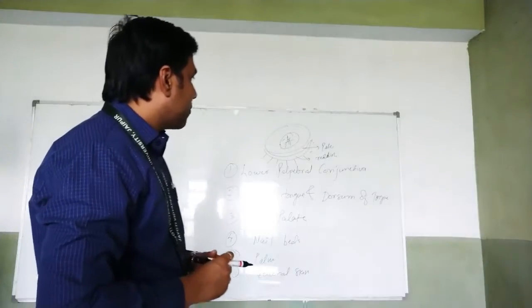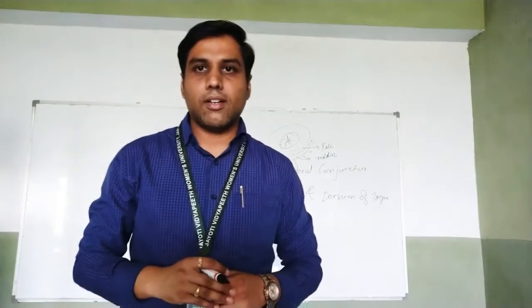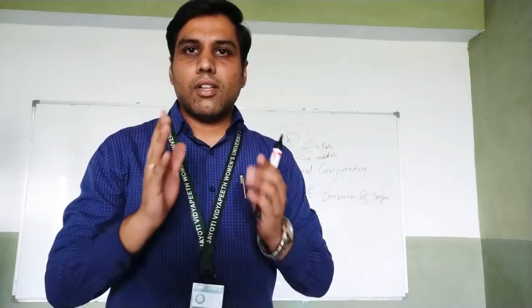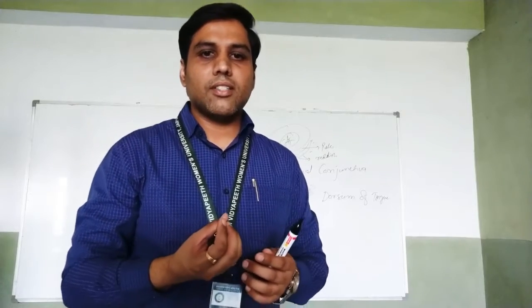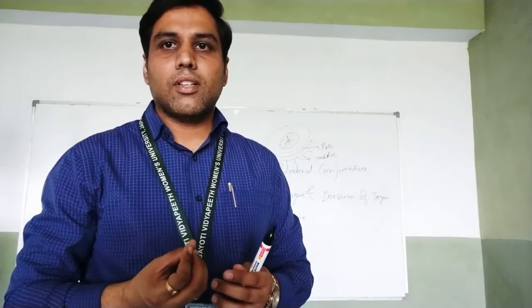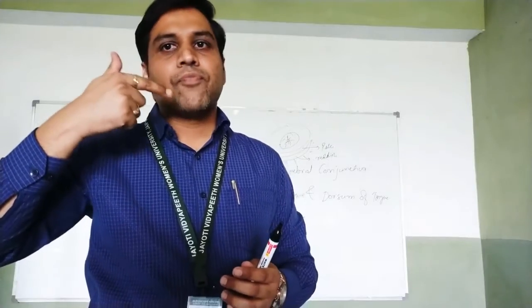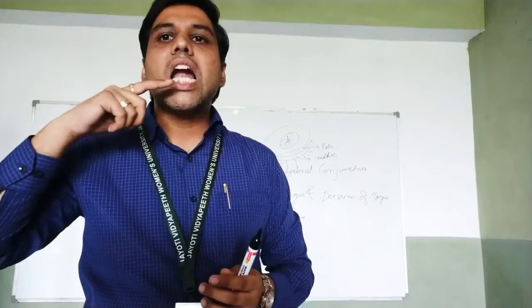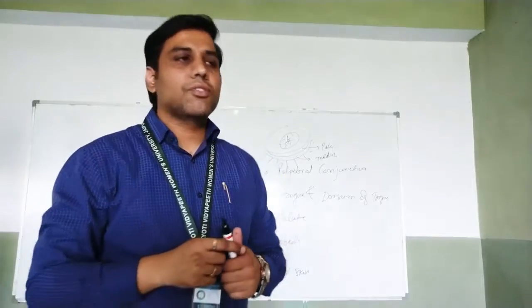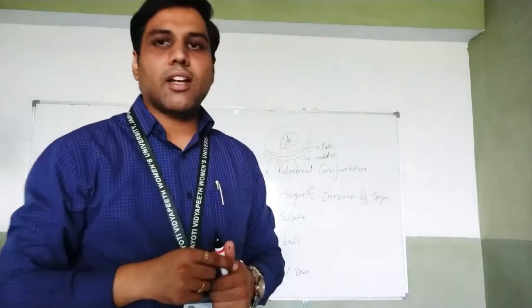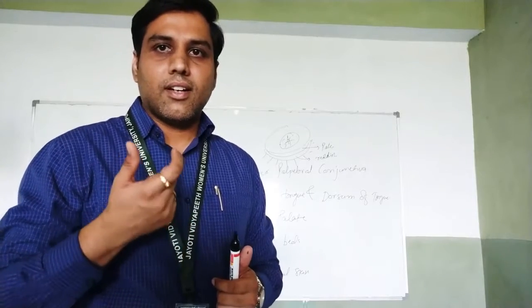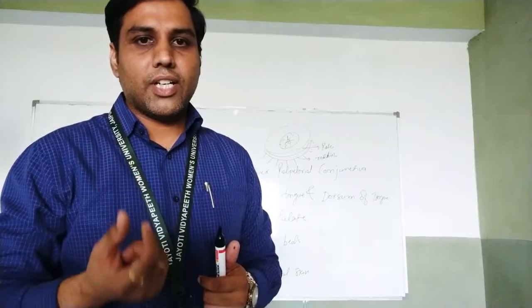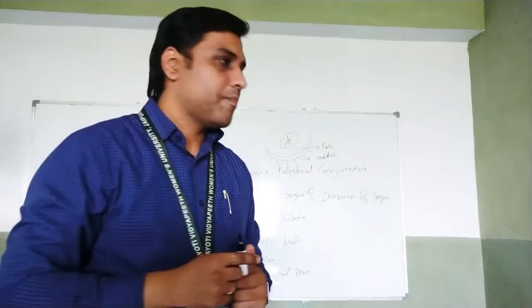Then next is tip of tongue and dorsum of tongue. One thing we should keep in mind is that most people just look at the tongue from the above side, but we should look at the dorsum of tongue and tip of tongue. This part has to be examined to detect pallor in the patient.